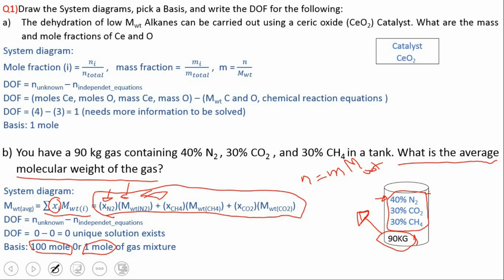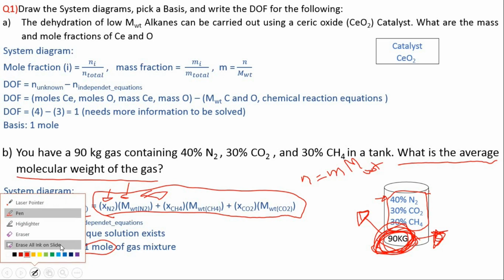You can do the conversion from mass to moles, but it isn't required. If the composition is the same, the average molecular weight will be the same, and it doesn't matter whether we use mass or moles.